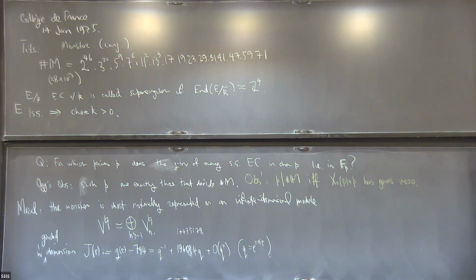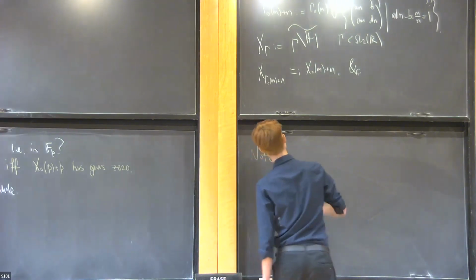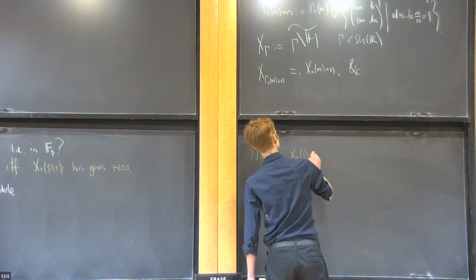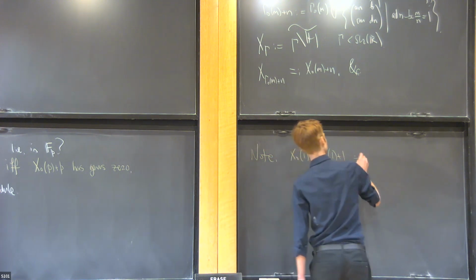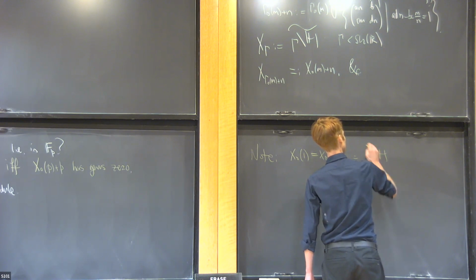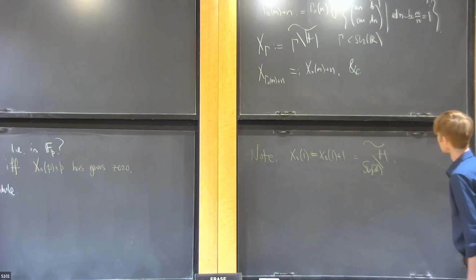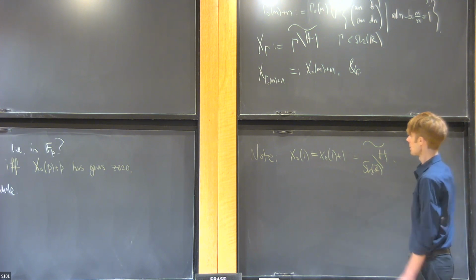Okay. So the important point about genus 0 curves is that, well, the first example is X naught 1, which is just the usual compactified curve attached to the modular group.